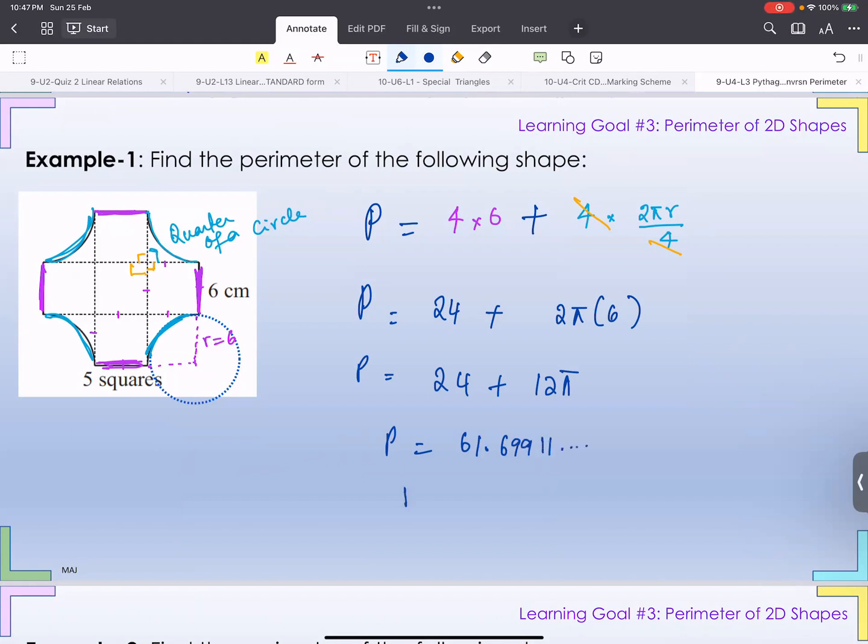Okay, so just going to write it as perimeter is 61.70 if I wanted to write it in terms of 4 significant figures. And that would be centimeters. Any questions? Well, I cannot hear you.